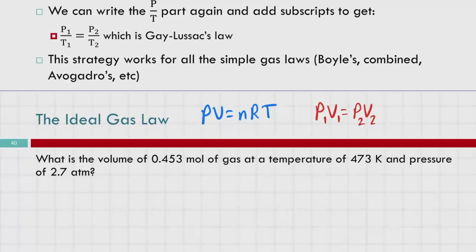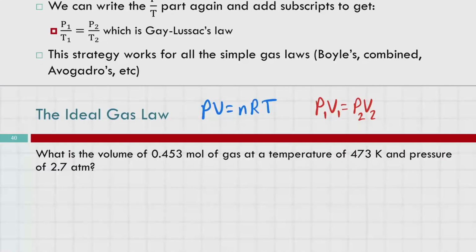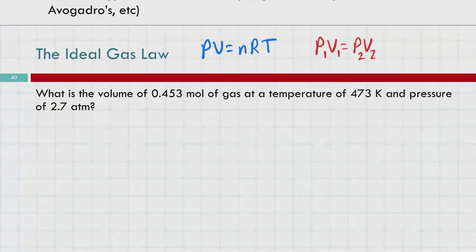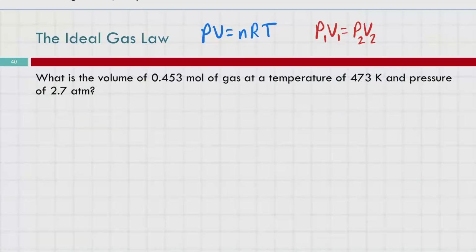So we don't need a second state, we just need one state, one set of conditions, and we can figure out what our missing variable is. That's what's neat about the ideal gas law. This also works reasonably well for approximating under conditions that we're in, even though we're in non-ideal conditions. So we are looking for what?